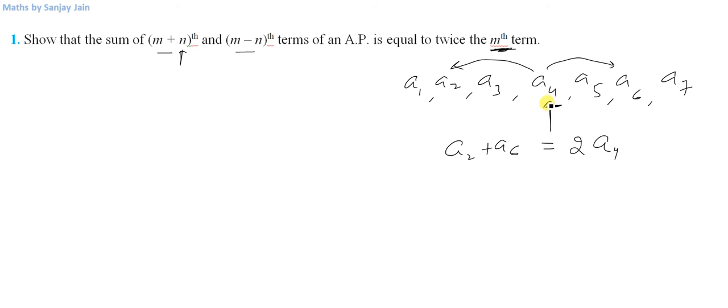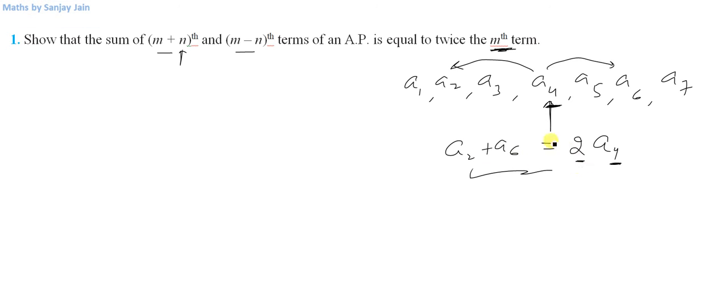This is true, right? Because if you see, the sum of terms equidistant from the beginning and end will be equal, and it will be equal to twice of the mean, arithmetic mean, right? This is what arithmetic mean is. I hope you know this concept. If you have listened to my arithmetic progressions lectures, I've added a playlist by the name arithmetic progressions extra lectures.